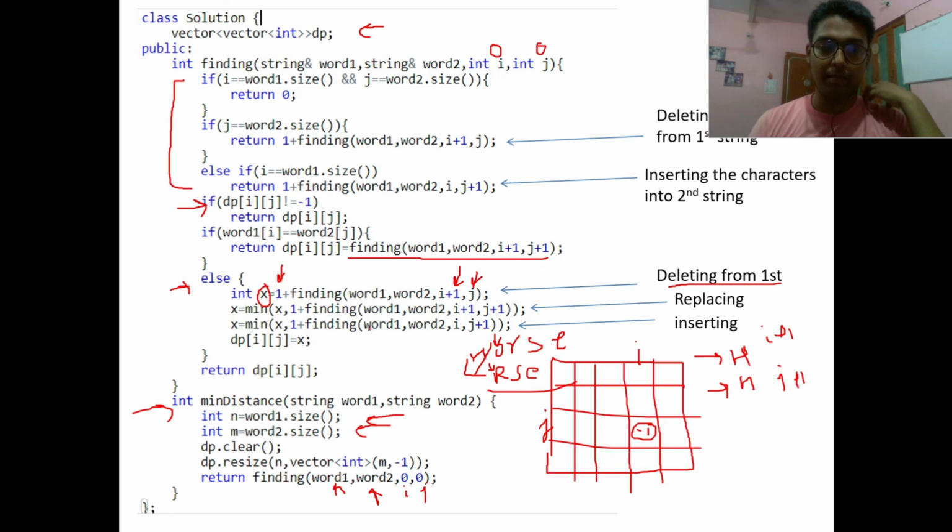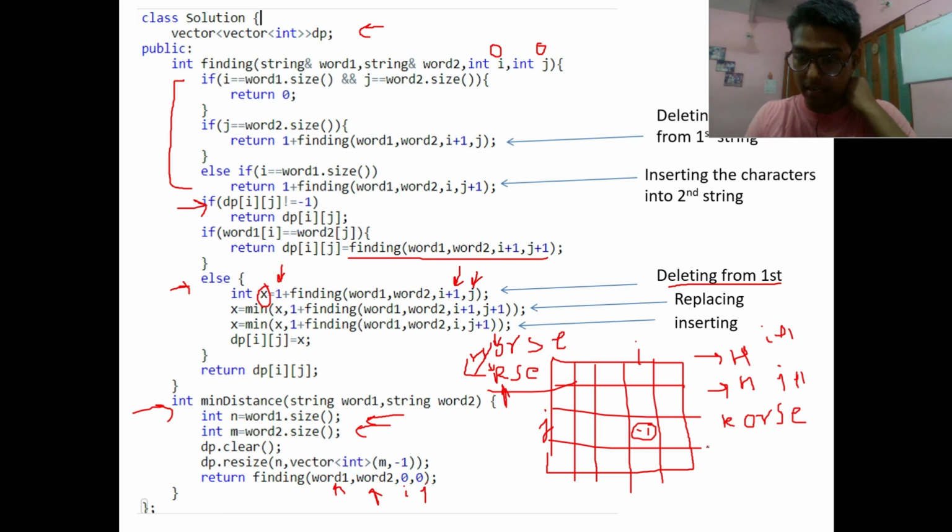Now, if I'm replacing, then obviously we will not replace the character with any other character than r. So we are replacing h with r, such that it will become RORSE, the same character that the jth index is pointing to, right?